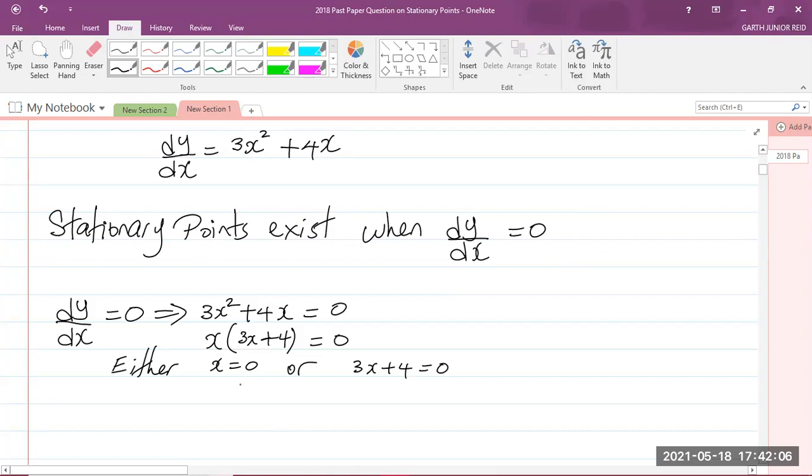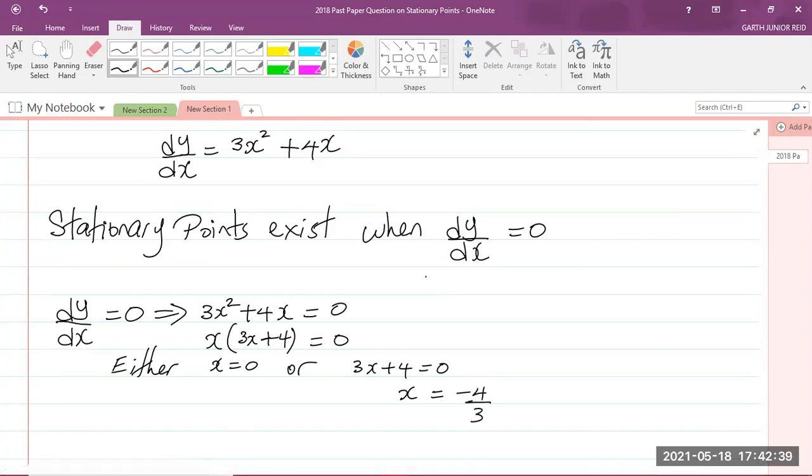When 3x plus 4 is equal to 0 and I find the value of x, carry the positive 4 to the right-hand side and you get a -4. So you have 3x equals -4, and then divide both sides of the equation by 3. You get x is equal to -4 over 3. These are the x coordinates of the stationary points.